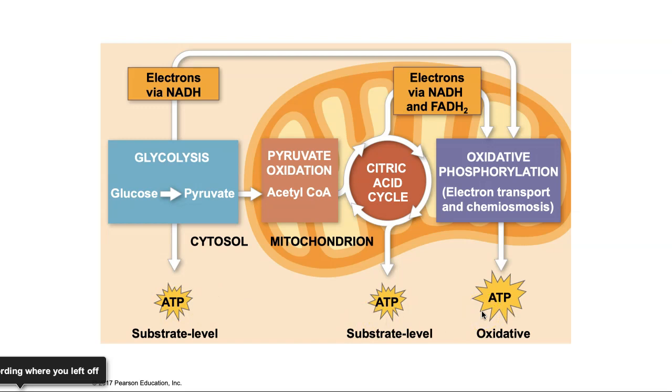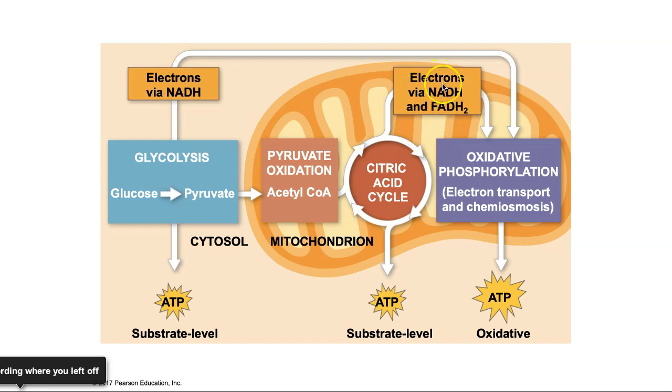While we go through these, I'm going to be calling out a couple of important factors that you need to note and pay attention to. Number 1 will be the reactants, so what we begin with. Number 2 will be the products, so what we end with, right? Number 3 will be the ATP that's made, and number 4 is going to be the shuttles, the NADH, and there's actually another one here called FADH2.